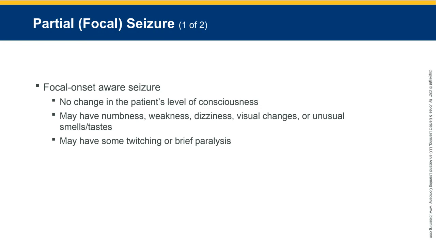So there is no change in the patient's level of consciousness. They may have numbness, weakness, dizziness, visual changes, or unusual smells and tastes. They may have some twitching or brief paralysis. This type of seizure you can see in patients with brain tumors, frontal lobe brain tumors.